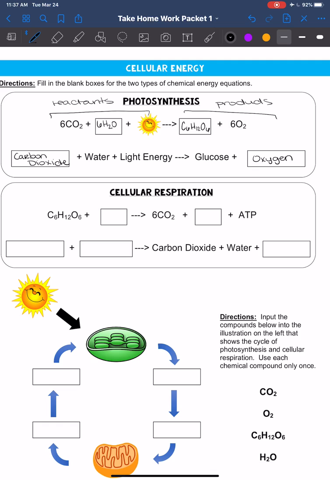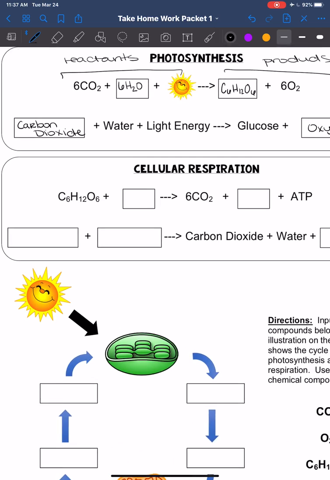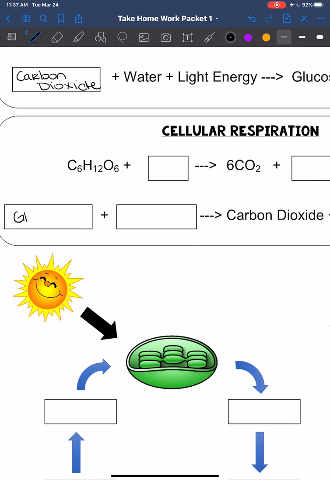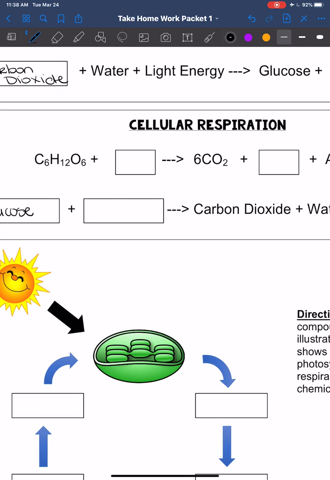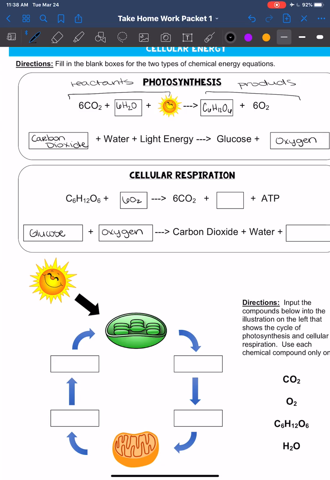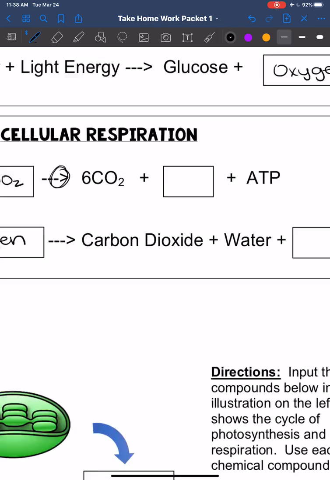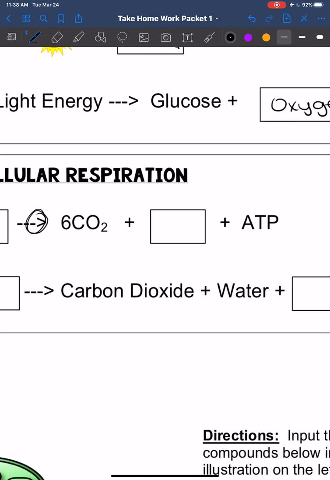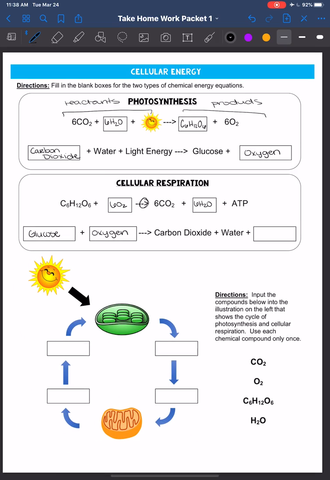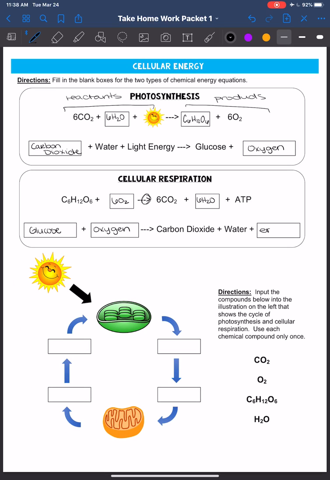So cellular respiration takes the products of photosynthesis, which is glucose and oxygen, which is 6O2, and it yields, if you remember that arrow reads yield, 6CO2, which is carbon dioxide, plus water. These are the reactants of photosynthesis, so that's 6H2O, and ATP, and we know that ATP is energy. All right, awesome job.